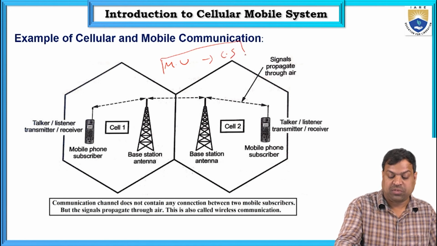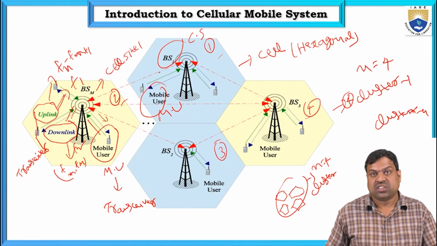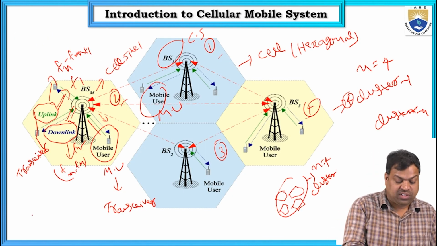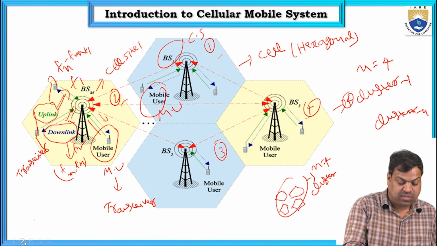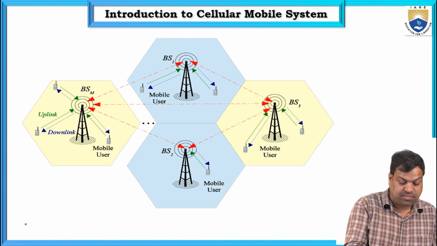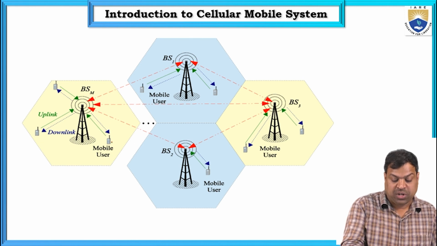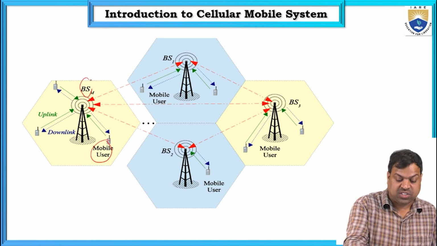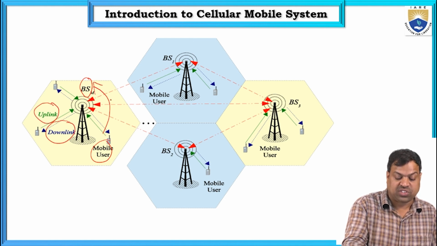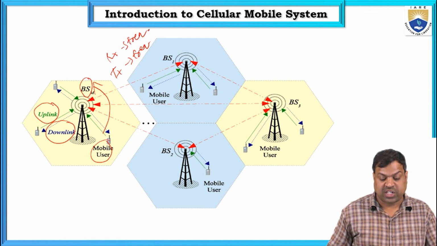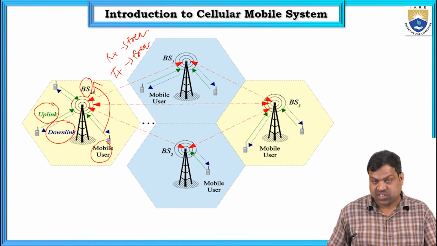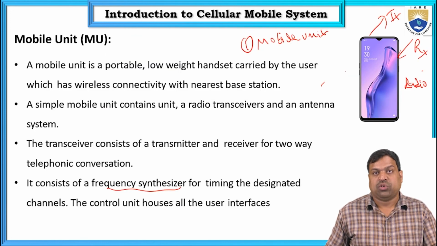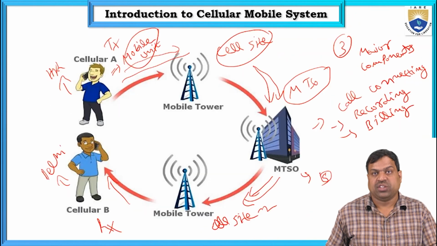It is one example between the mobile unit and cell site, with frequency allocation, uplink frequency and downlink frequency, meaning what is the transmitting frequency and what is the receiving frequency. It is one example of transmitting frequency allocation and receiving frequency allocation. That is about the mobile unit, cell site, and MTSO.